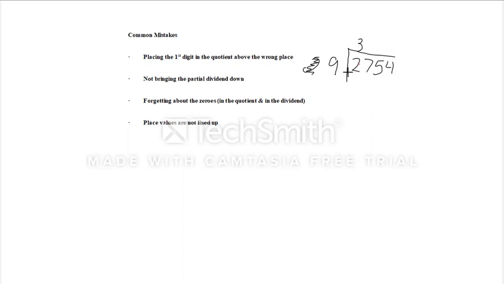I would end up getting the wrong answer. And this means I'm dividing that into the 2. And I'm not. I'm actually dividing into the 27. So my first digit shouldn't go there. That's a common mistake. It should go here.